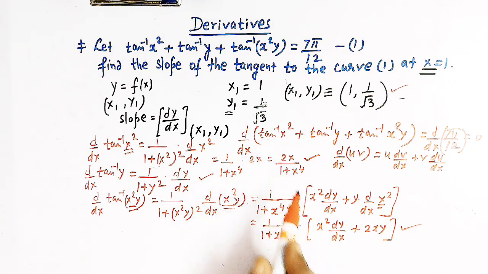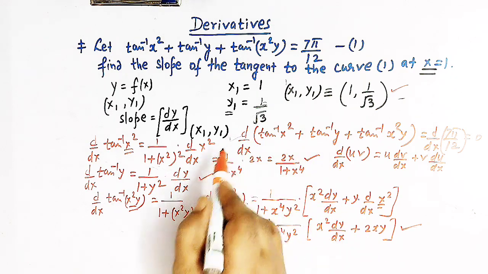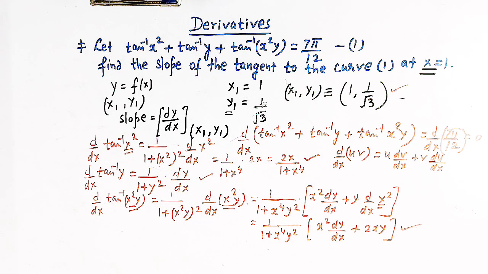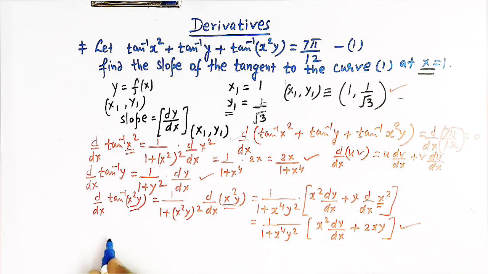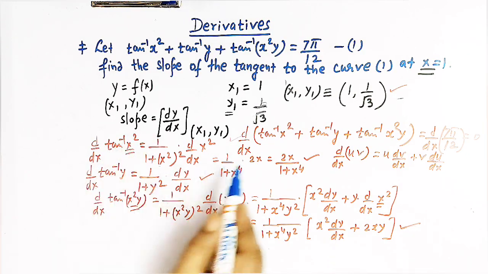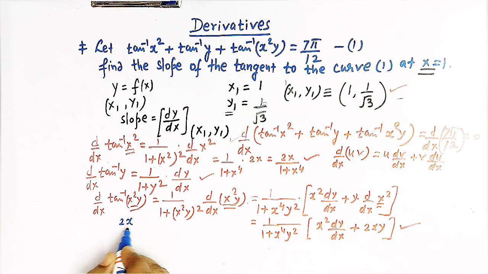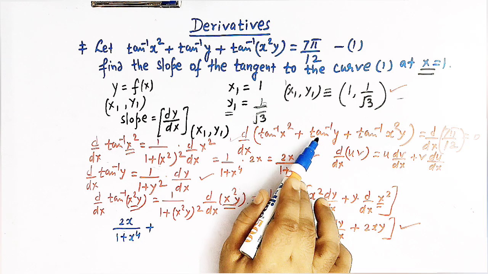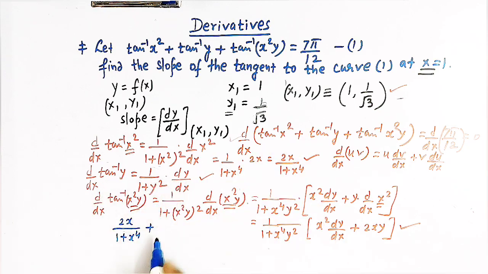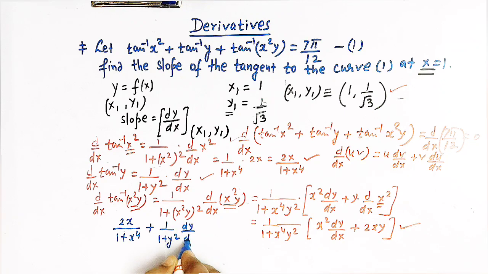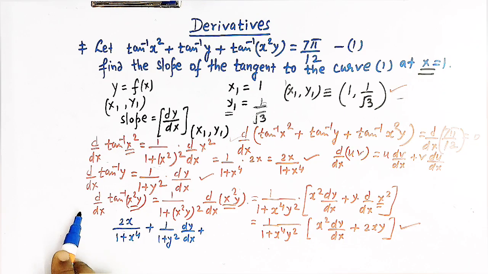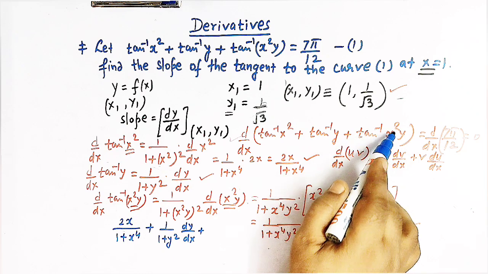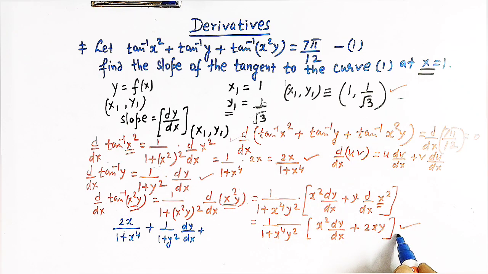So now substituting these three values in this equation, we get, so we have now the derivative of tan inverse x square as 2x over 1 plus x raised to 4, plus the derivative of tan inverse y, which is 1 over 1 plus y square dy over dx, and then the derivative of tan inverse x square y as this expression.